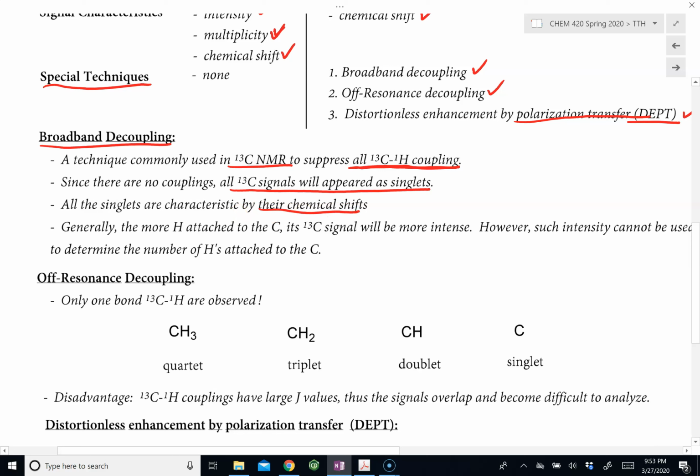Generally, the more hydrogens the carbon is connected to, the more intense its signal would be. However, there's no strict relationship between the intensity and the number of hydrogens.